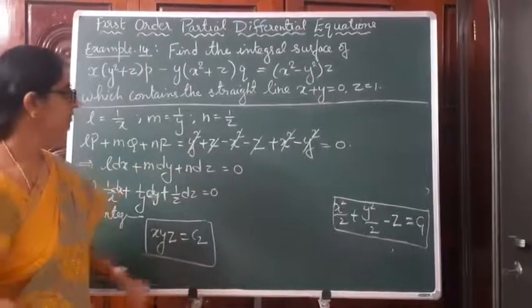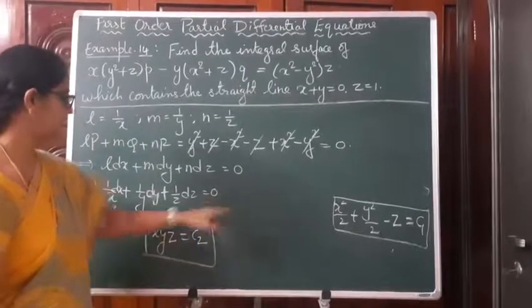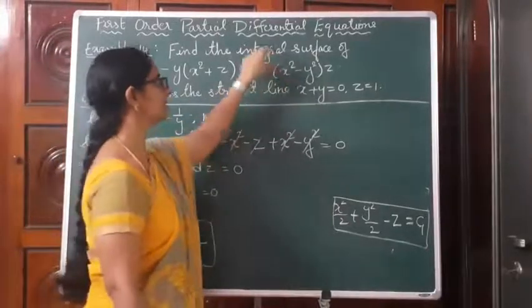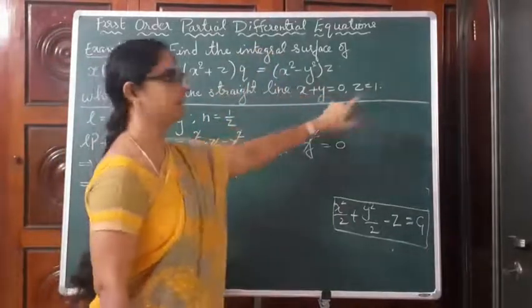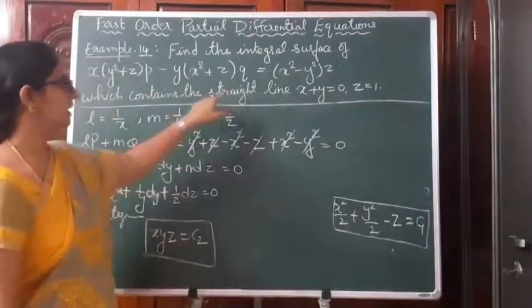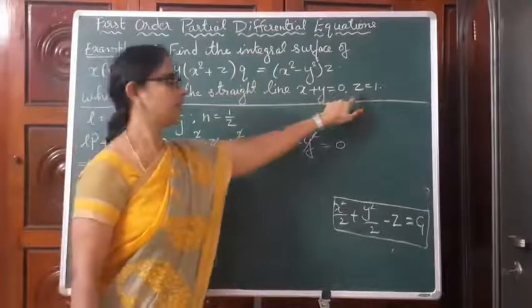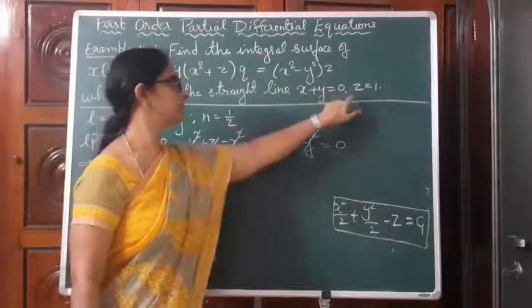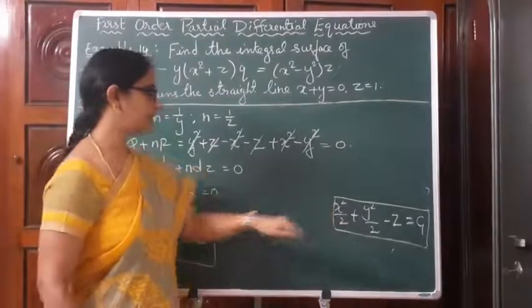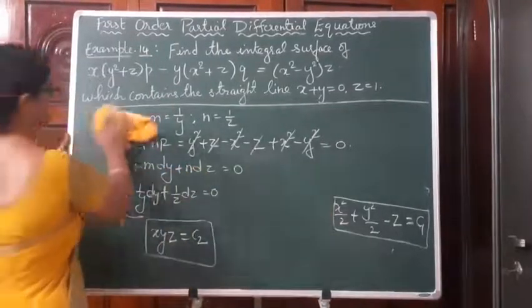So now we have to eliminate the constants c1 and c2 because we are given some condition that this surface contains the straight lines x plus y is equal to 0 and z is equal to 1. So because it contains, every point should satisfy that x plus y must be 0 and z is equal to 1. So let us write the solutions here.